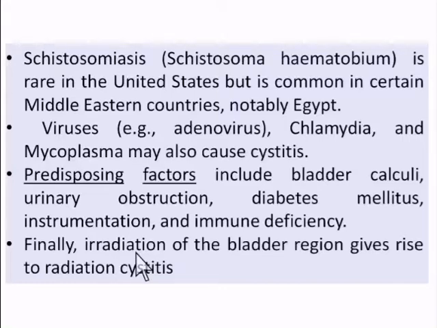Viruses like adenovirus, chlamydia, and mycoplasma may also cause cystitis. نجي للموضوع المهم هو ال predisposing factors أو risk factors اللي هي طبعا presence of stone, urinary obstruction, diabetes mellitus, instrumentation like in Foley's catheter maybe, and immune deficiency in general. Irradiation also can cause cystitis and is called radiation cystitis.